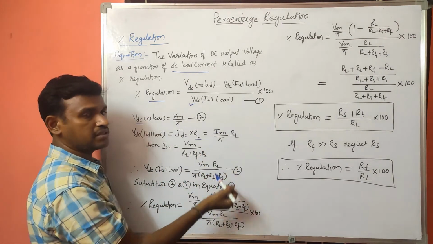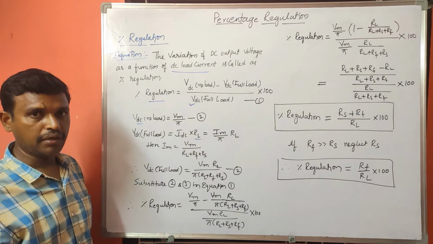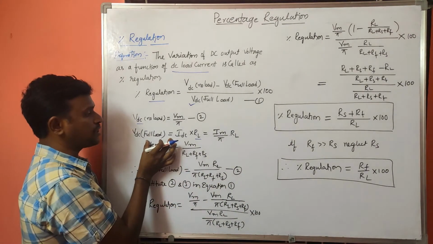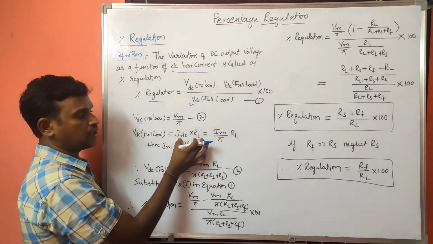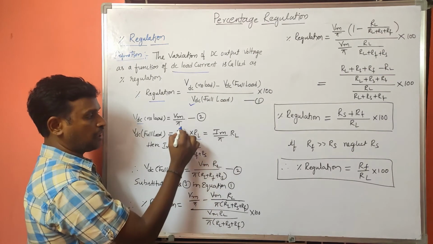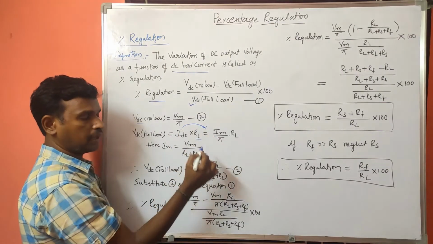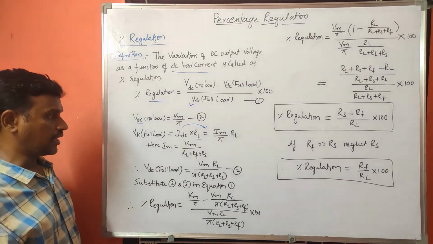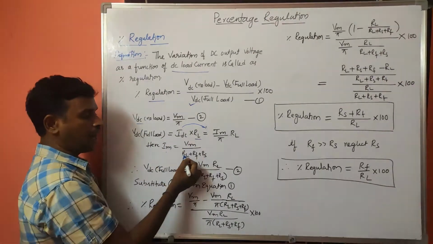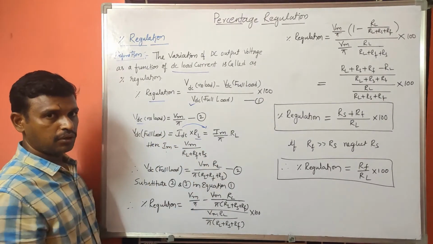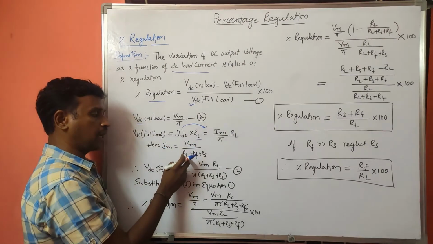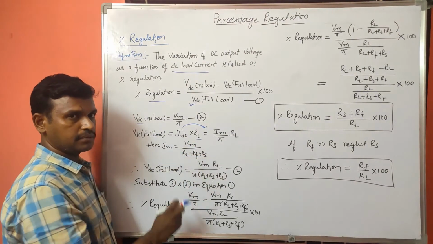Then what is IDC here? We know that IDC is equal to Im by pi. Therefore VDC full load is equal to Im by pi into RL. But we know that Im is equal to Vm by RL plus Rf plus Rs. The total current, maximum or peak current, is equal to Vm by RL plus Rf plus Rs.